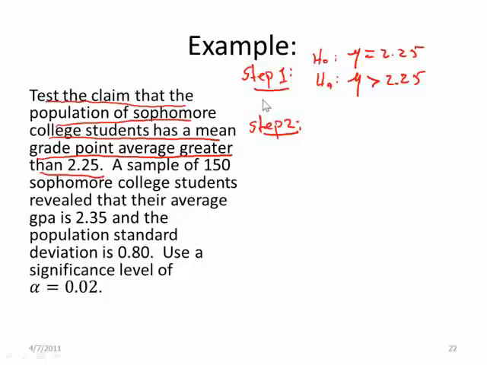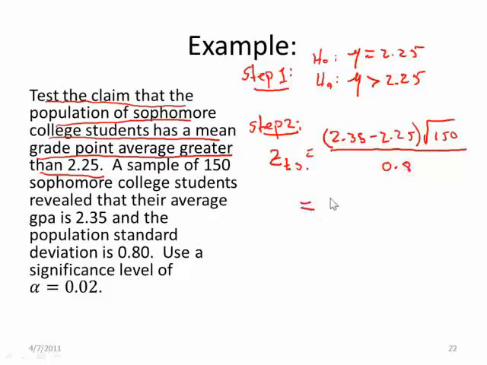Z. So we have a Z test statistic equal to X bar, which is 2.35, minus mu under the null hypothesis, which is 2.25, times the square root of n, which is 150, divided by the standard deviation, which is 0.8.